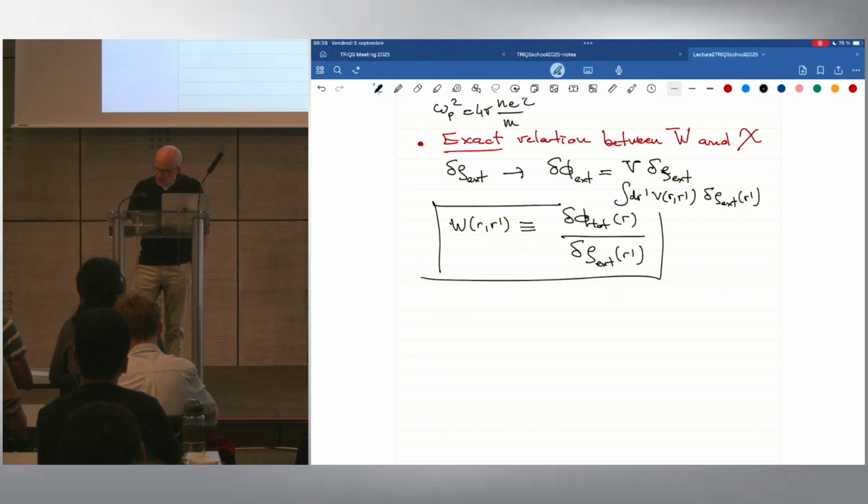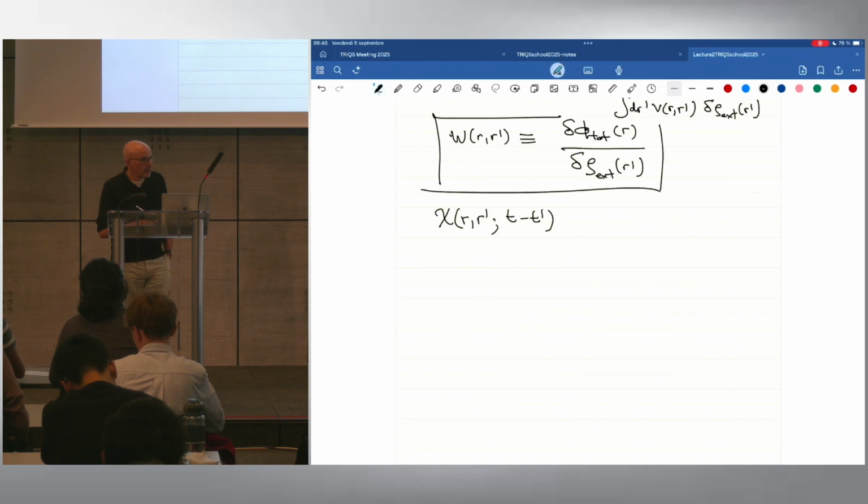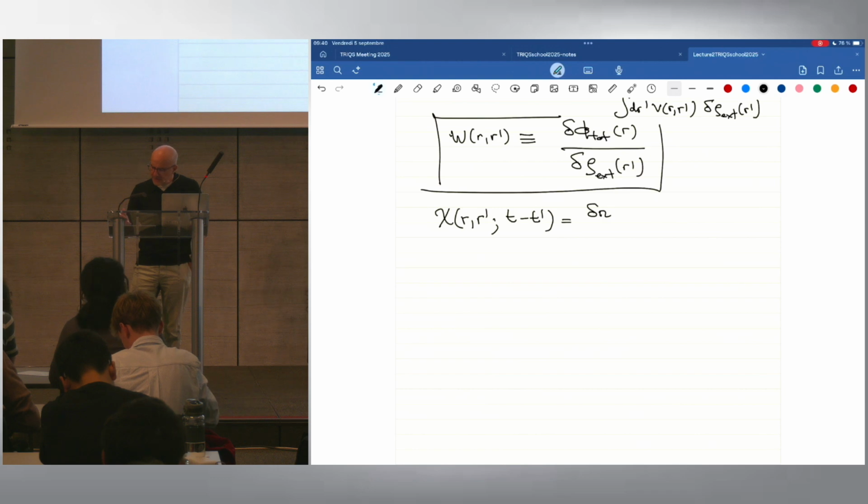I'm also going to define the density correlation function, chi of R and R prime, and in principle T and T prime, but usually we have time translation invariance, so it's a function of T minus T prime. This is delta n of R and T divided by delta phi external of R prime and T prime. Again, delta rho is minus delta n for unfortunate reasons.